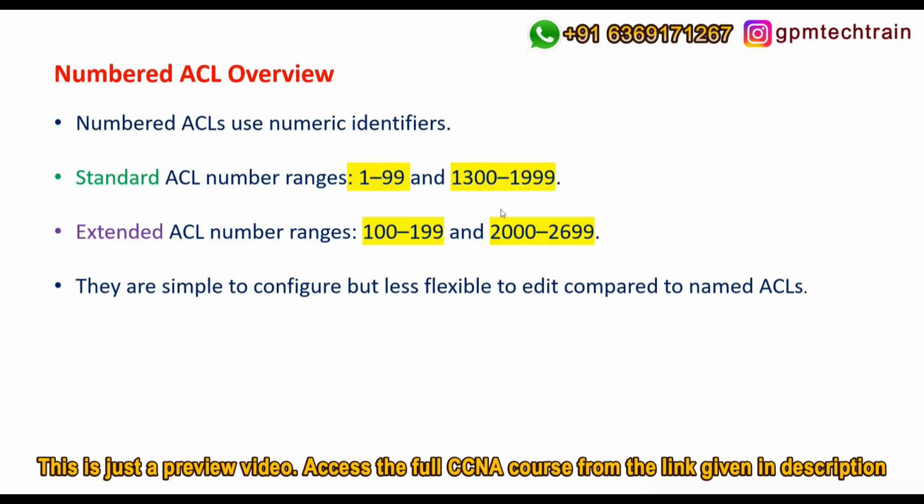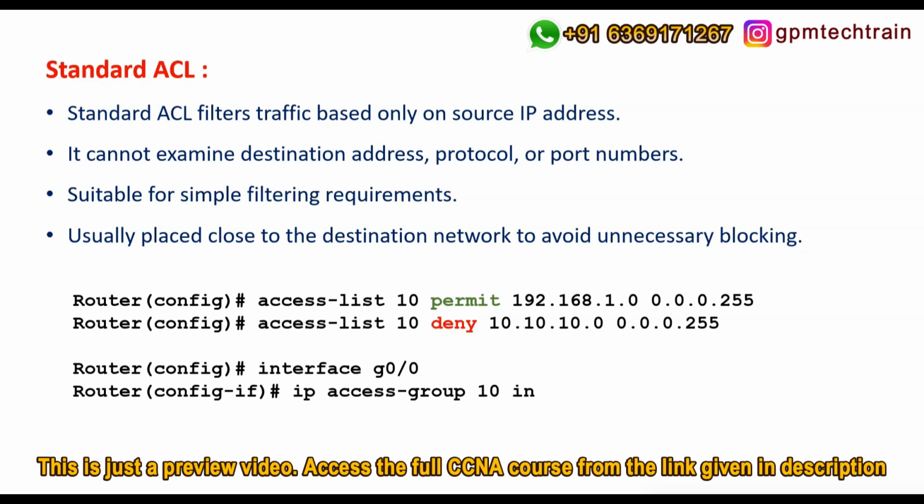It depends on what kind of ACL you want to use. If you want to use only standard, ensure that you are using a number within that range. So with access-list, when I put 10, this is one among the standard lists. That's the reason I'm putting this particular range number.